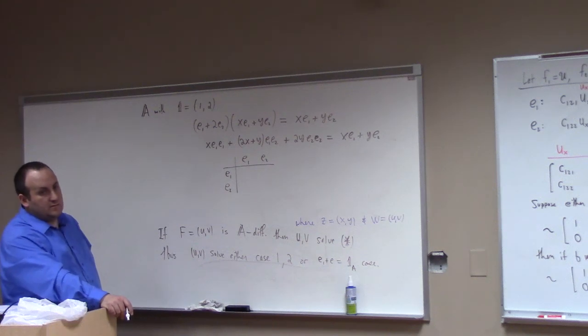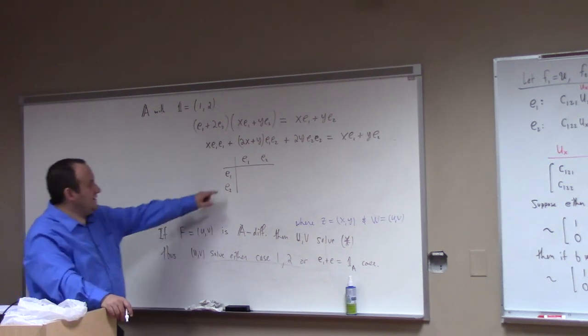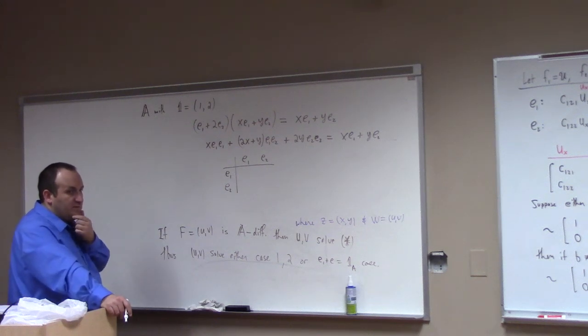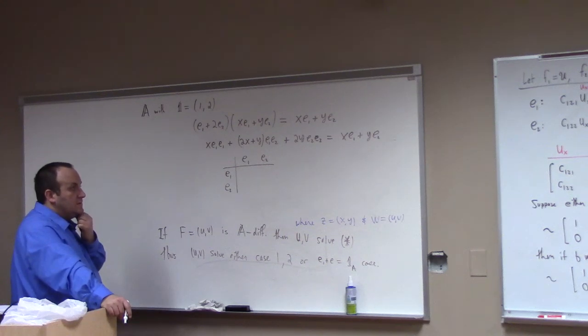Oh, how about the null numbers? Wait, can you tell me what to write down here? The multiplication table for this algebra. Because I need that to write down the Cauchy-Riemann equations.